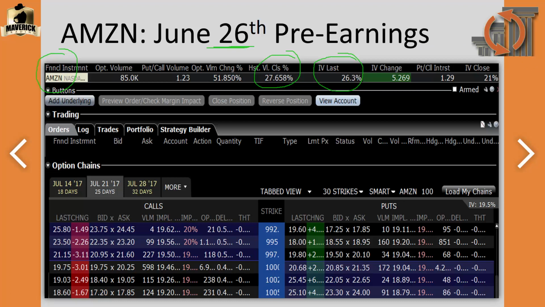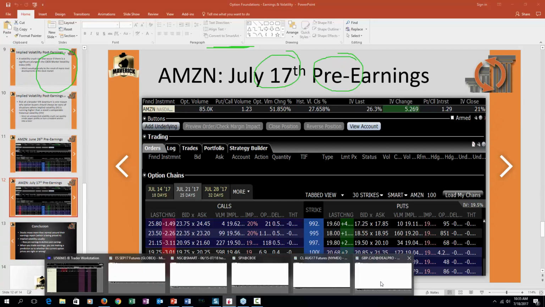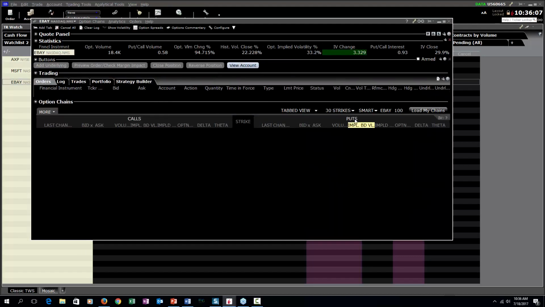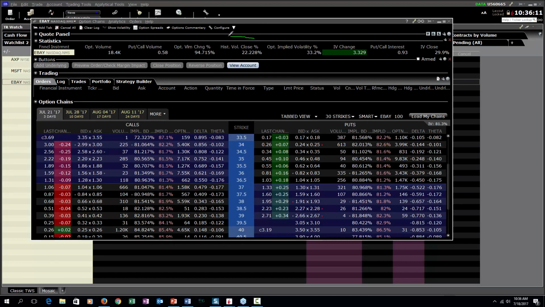Let me jump back live to the markets. And again, we can look at some live examples here. Where was my chain? All right. Let's look at eBay. Let's go back into eBay. We know it had the highest implied volatility. Well, notice the difference.